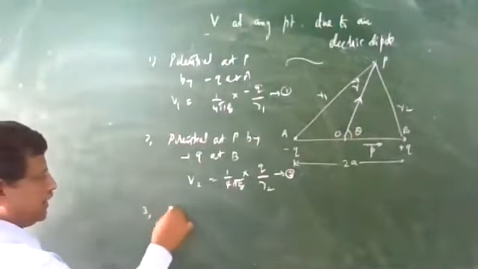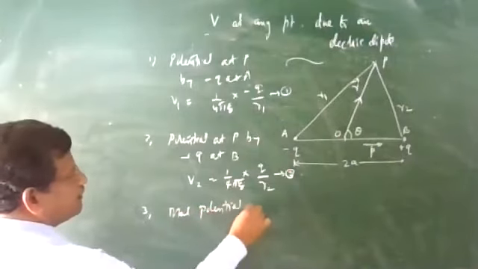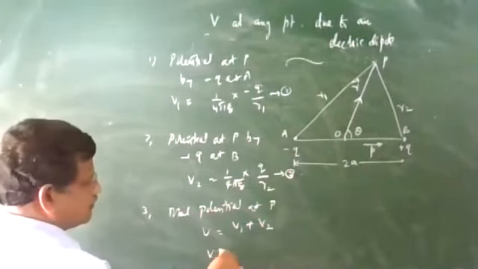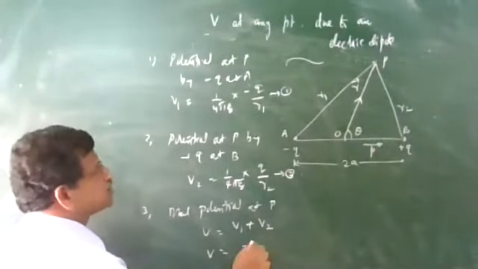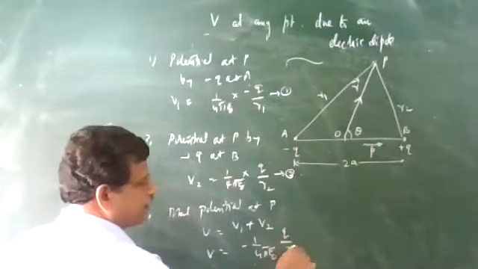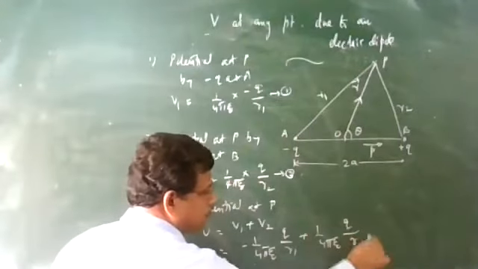So point number 3, total potential at P is equal to V1 plus V2. Adding them, first one is minus 1 by 4 epsilon 0 q divided by r1 plus 1 by 4 epsilon 0 q divided by r2. One is negative, another is positive.